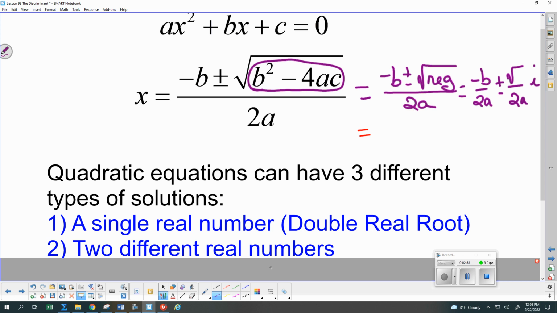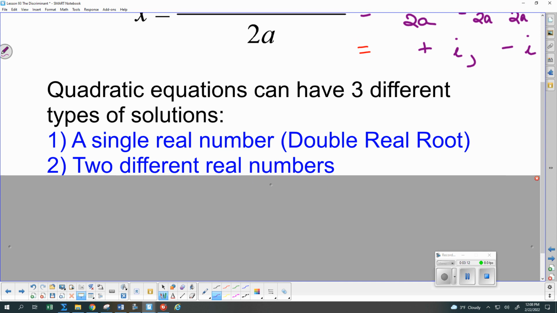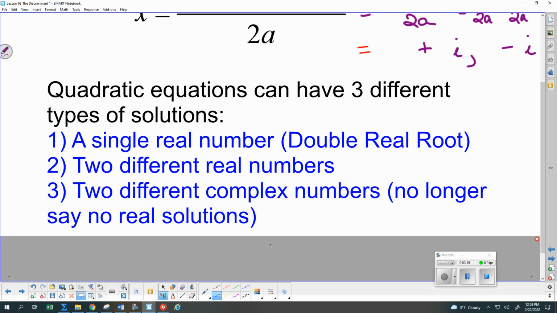And we know we have one answer with the plus in there and one answer with the minus in there. And they both have that imaginary part, right? We've seen that happen on some problems that we've solved. So that is the third thing that can happen. We can have two different complex numbers as our solution. Up to now, we've been saying because there are no real solutions, the parabola doesn't cross. We're now going to start saying, instead of no real solutions, two complex solutions.